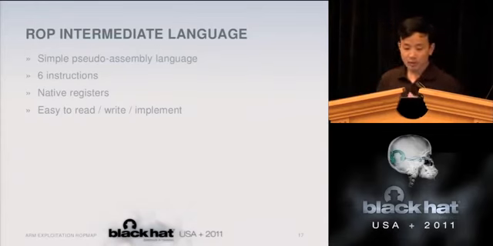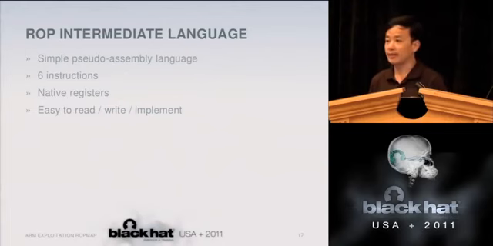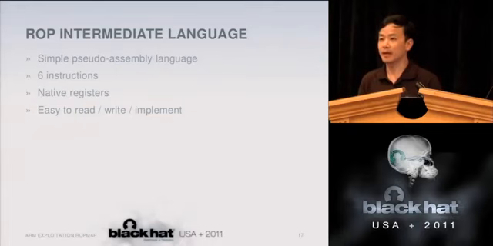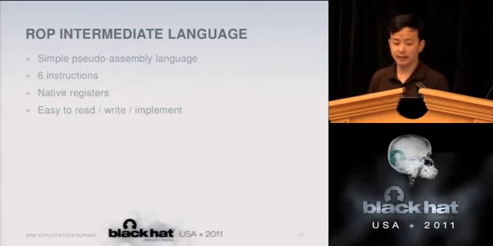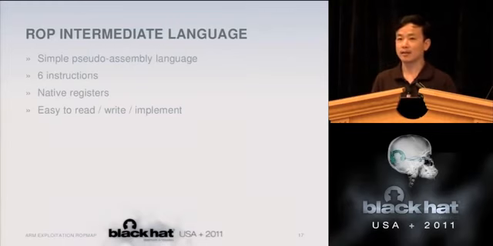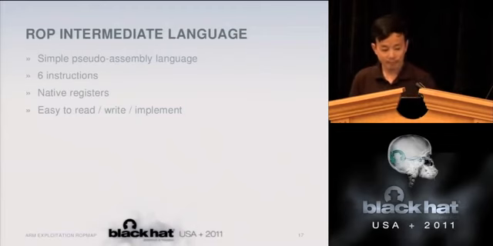And we do not invent new register names. We just define the instructions, and you use the native registers from the platform. Like for x86, we still use EAX. For ARM, we still use R0, R2, R3, like that.